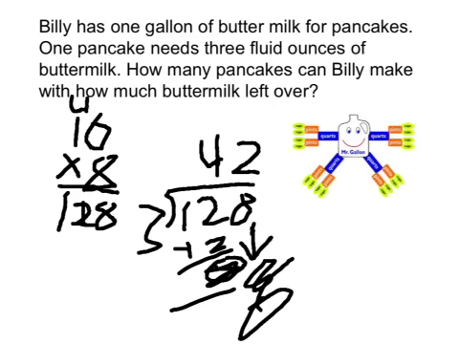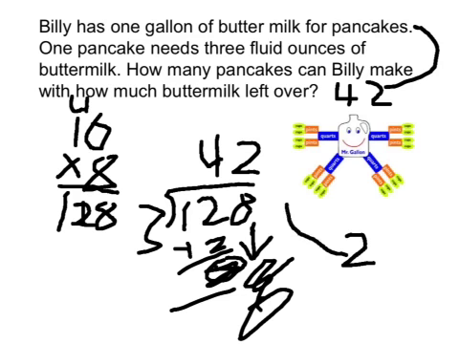Here, you will have 42 pancakes you will be able to make with 2 fluid ounces of buttermilk left over from the 128. So you can make 42 pancakes and you'll have 2 fluid ounces of buttermilk left over.